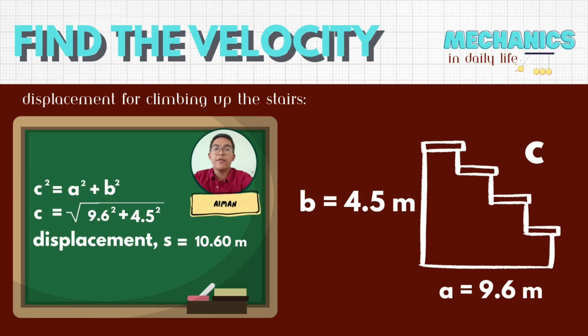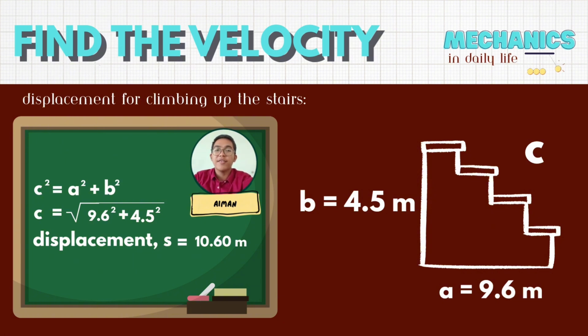First, we are going to find the velocity of Amar and Azizul. Before that, we need to find the displacement taken by them by using the theorem of Pythagoras. Assume the stair is a right angle triangle since they use the same length and height of staircase.